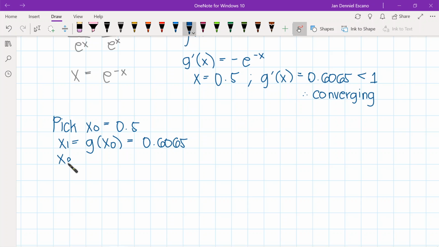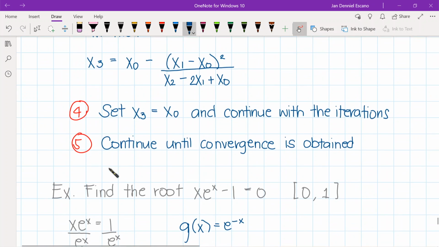And we can compute for x sub 2, which is g of x sub 1. So we just substitute the value and we get 0.5452.